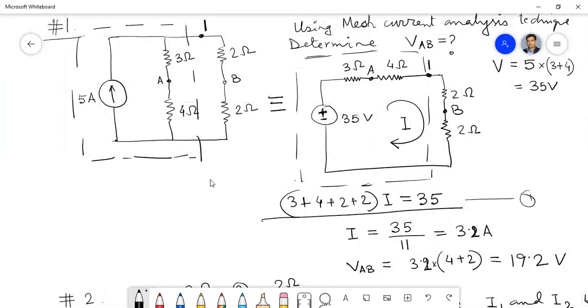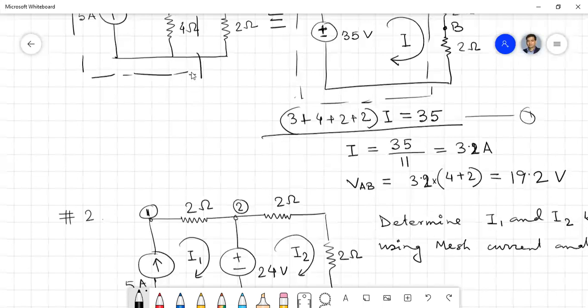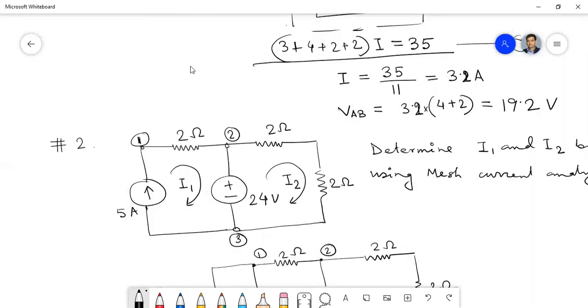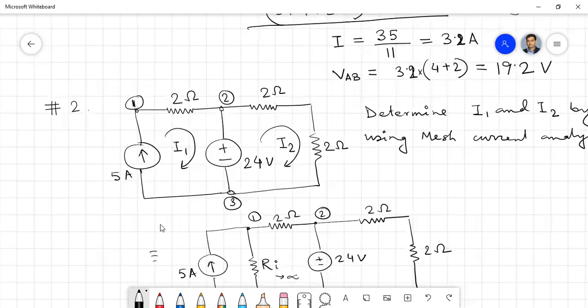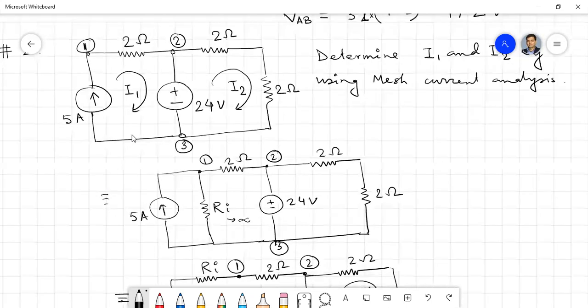But we solved it by the mesh current analysis. Then another circuit we took having two loops, and in that problem the loop currents were to be evaluated.